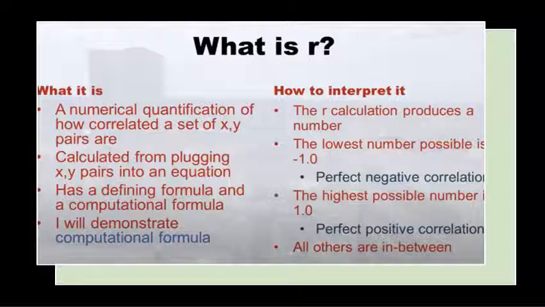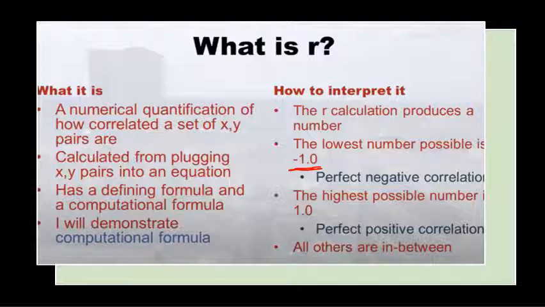Okay, so the R calculation is going to produce a number. You're going to get R, some sort of number out of it. What does that number mean? Well, the lowest possible number it can ever be, if you do your calculations correctly, is negative 1.0.